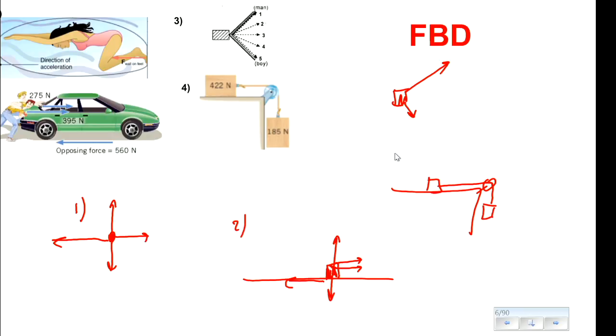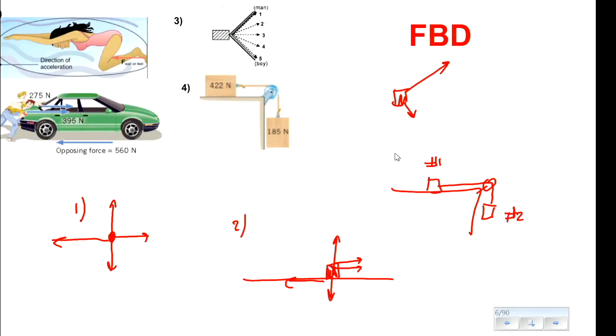Well, not this particular one, as two objects connected. So we have two objects. We need to draw a free-body diagram for each. So, for example, number one, number two.